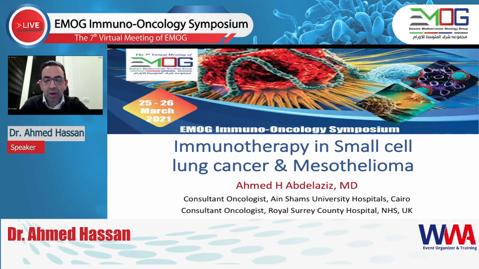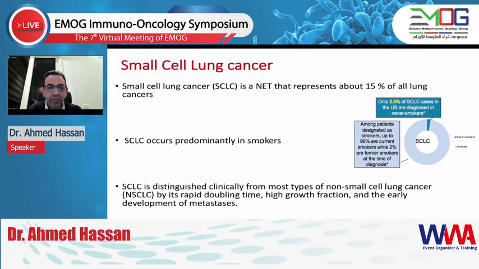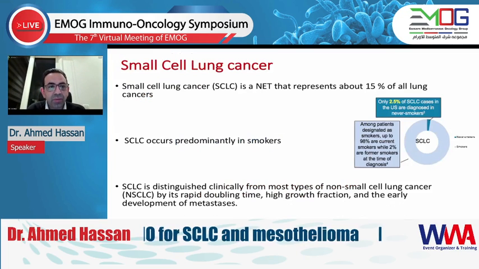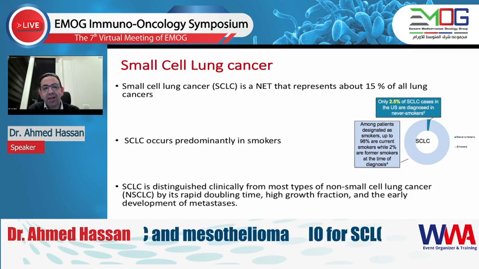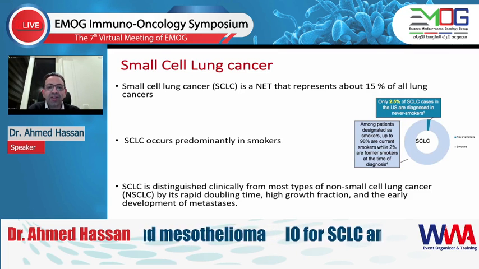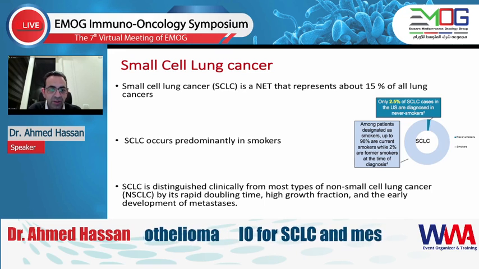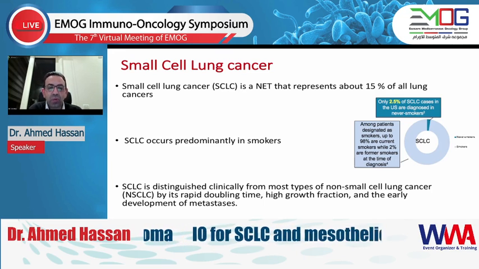Right. So I will be discussing in the next few minutes immunotherapy in small cell lung cancer and mesothelioma. Small cell lung cancer is a subtype of neuroendocrine tumor, but it lies at the aggressive end of the neuroendocrine tumors. It represents 15% of all lung cancers, and it occurs predominantly in smokers, almost always associated with smoking.